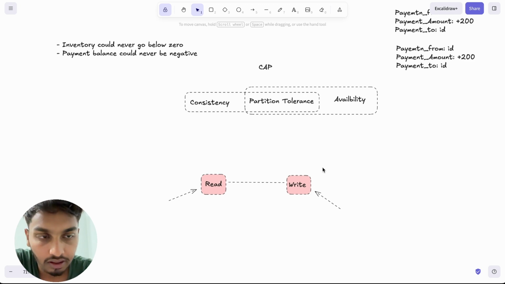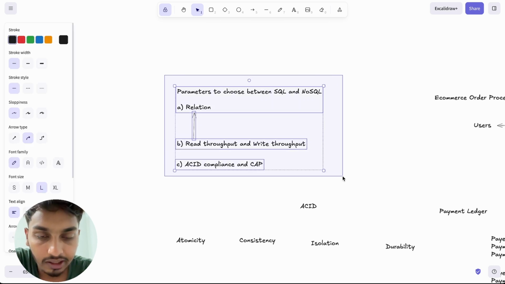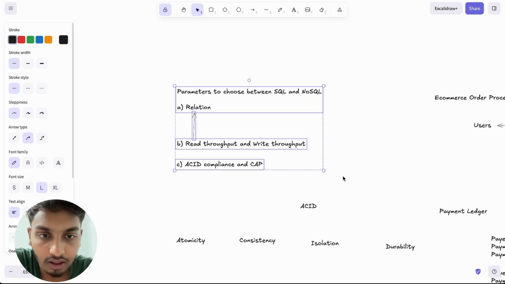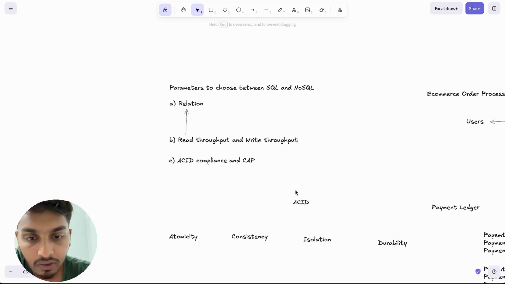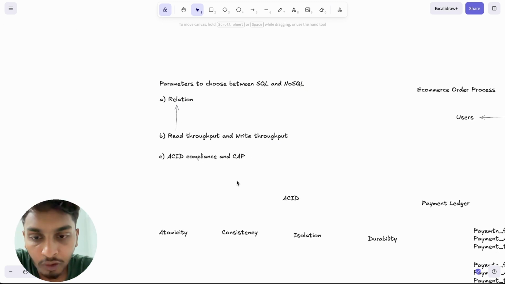That's what the CAP theorem is. So these are the three parameters by which we define the difference between SQL and NoSQL. And even within SQL and NoSQL, we define which database should be chosen. For example, MongoDB is primarily designed for consistency and partition tolerance, while Cassandra is designed for availability and partition tolerance.